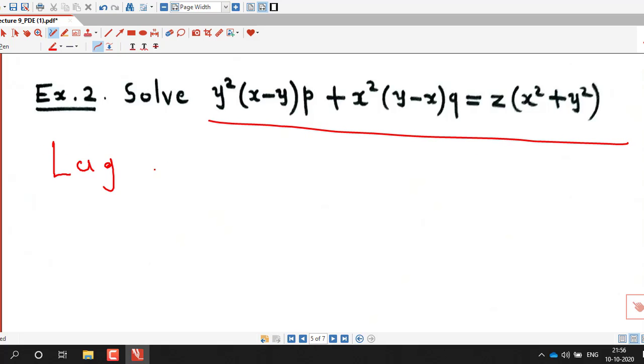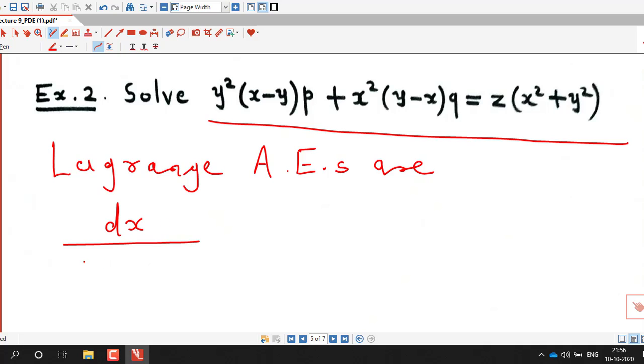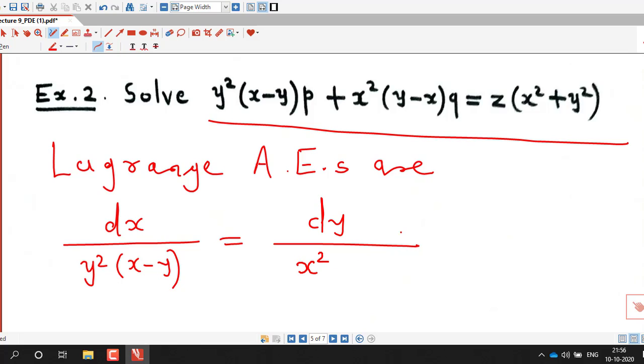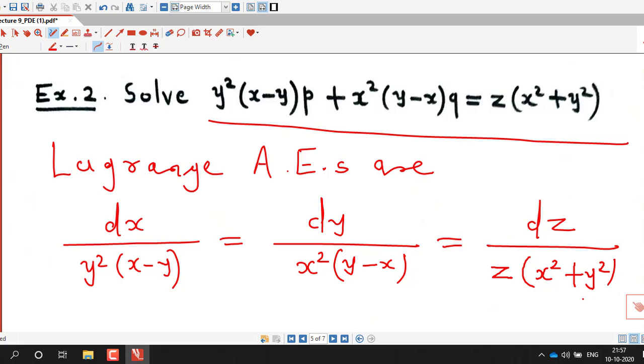So we start with the Lagrange Auxiliary Equations. They are dx divided by y square into x minus y, dy divided by the coefficient of small q, which is x square into y minus x, equal to dz divided by z into x square plus y square.